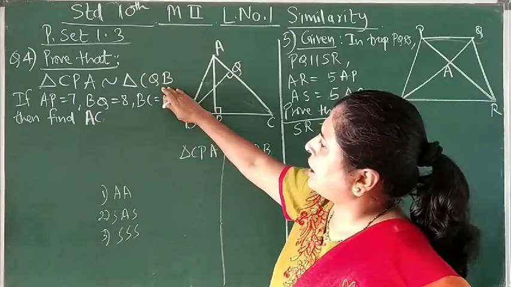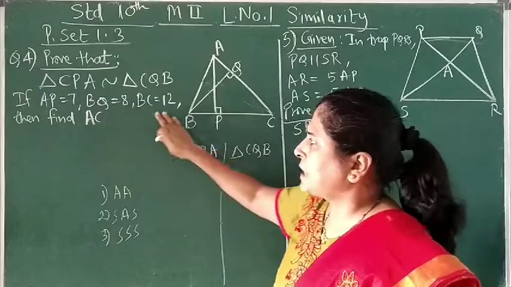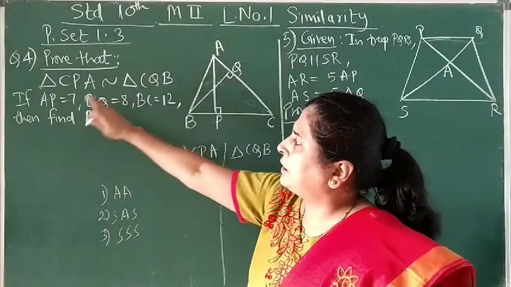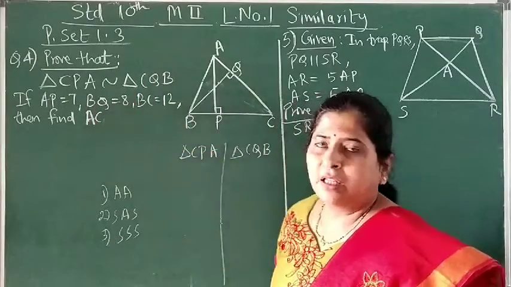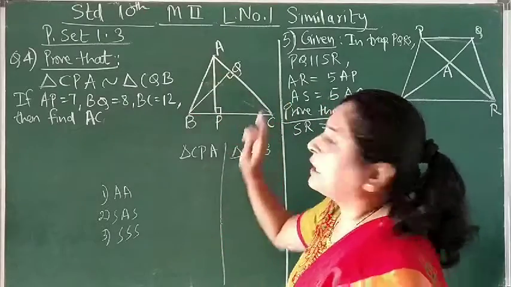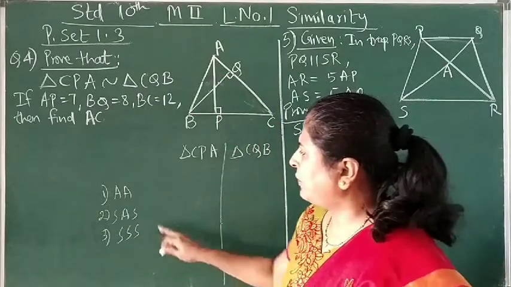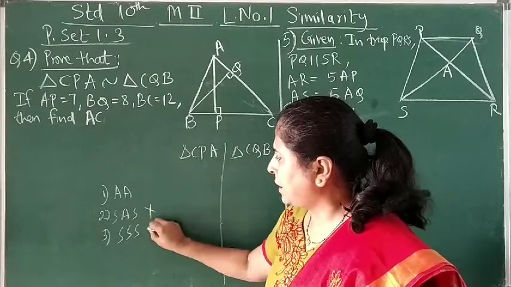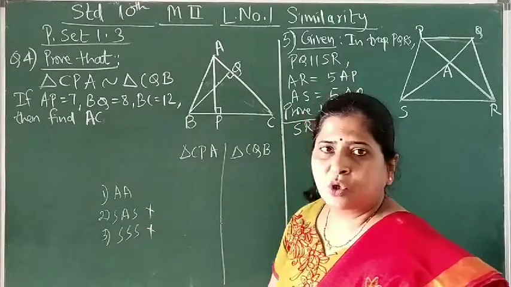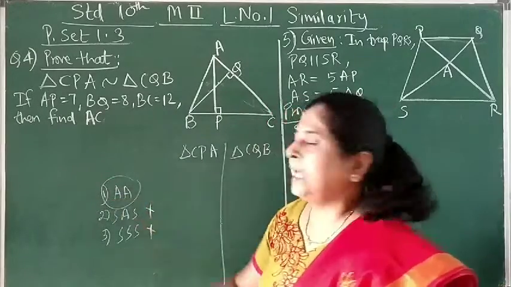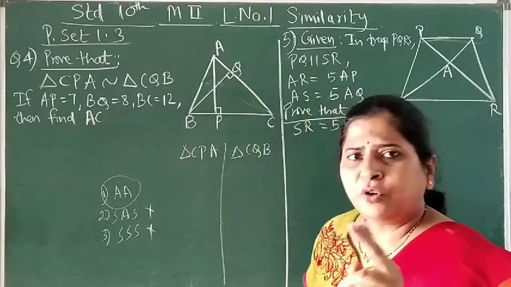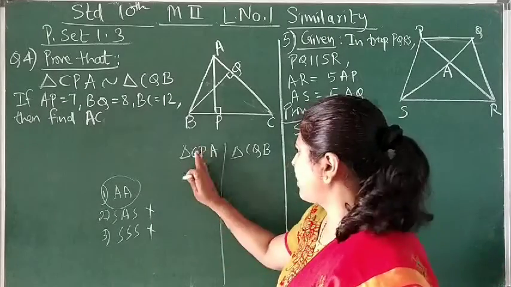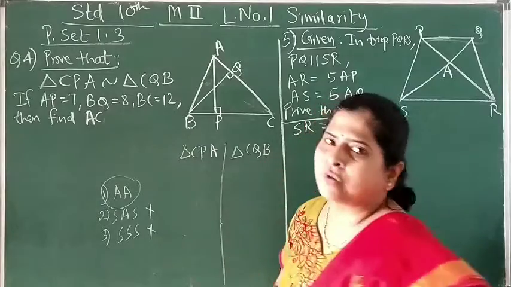To prove these two triangles similar, we cannot use these sides, because after proving, if it is given, then we have to find. At present we do not know the lengths of these sides, so wherever sides come, we cannot use that test. So this test has gone, and we have to use only the AA test. So we have to find which two angles of this triangle we can prove congruent with this triangle.